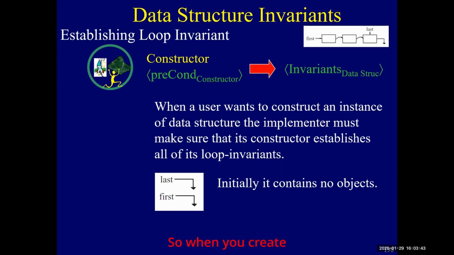I guess we're going to be a little bolder here because we're going to do queues as well. So queues need access to both ends. The picture up at the top is our loop invariant, a linked list with two pointers, one at the first and one at the last.